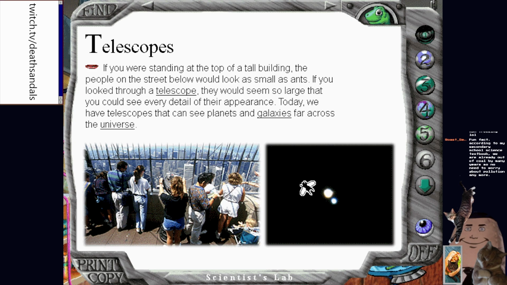But if you look through a telescope at one of those stars, it's actually Alpha Centauri, which is the closest star to the solar system. It's like 4.3 light years away, but it's a binary system, so it's 2 stars next to each other.